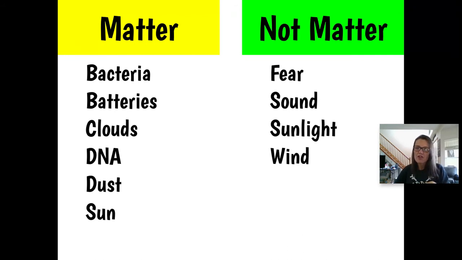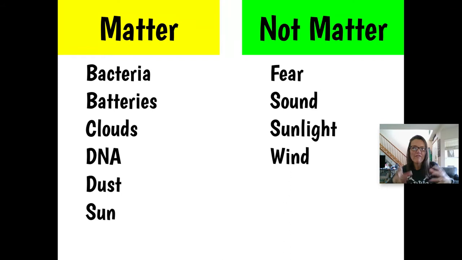Things like fear or other emotions, sound, sunlight, wind are not matter. In some of those cases, especially the case of sound and sunlight and wind, it's the result of energy or movement, but it's not actually matter itself. So for example, I can't capture wind in a jar, right? Or sound in a jar. It doesn't take up space and it doesn't have mass.